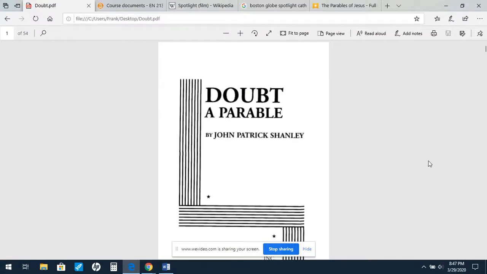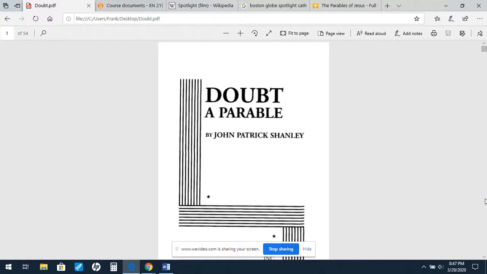Okay, so I want to begin our look at the play by actually looking at a preface that Shanley had written for the publication of the play. This goes back to one of our discussion points from Trifles about how plays of the modern era, particularly the 20th and 21st century, take on more of the role of literature as opposed to performative work.